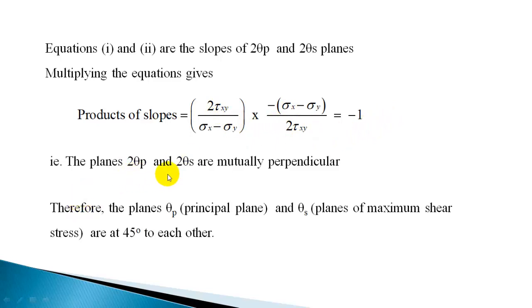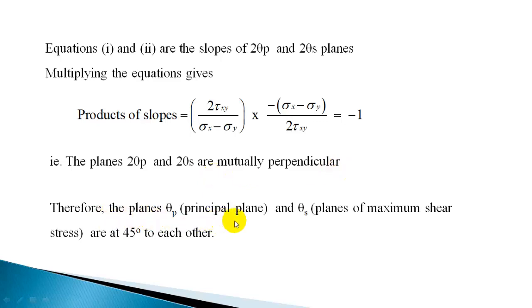So the planes 2 theta p and 2 theta s are mutually perpendicular, since the product of slopes is -1. That means they are separated by 90 degrees. So 2 theta p plus 90 degrees is equal to 2 theta s, or dividing by 2, theta p plus 45 degrees is equal to theta s.